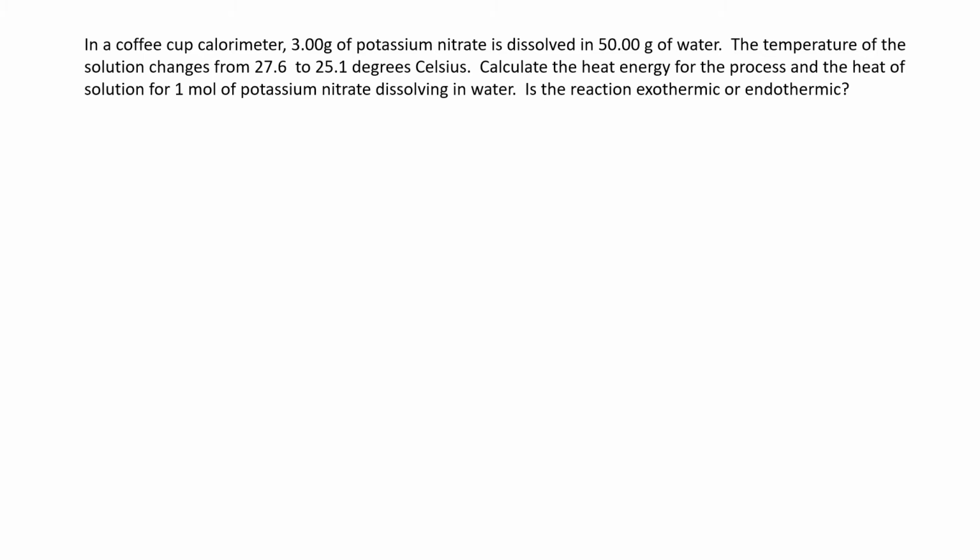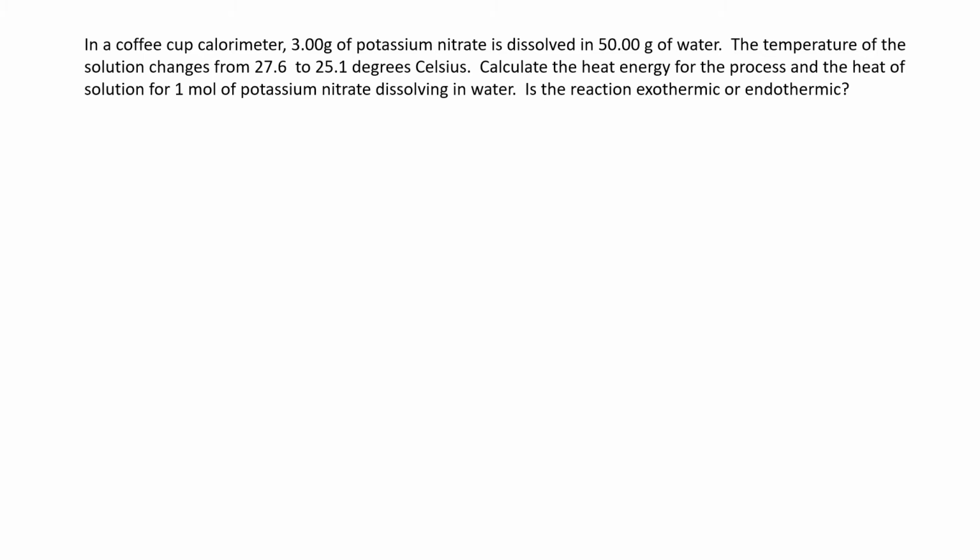Okay, we're going to do an example problem here. I'll read the problem. In a coffee cup calorimeter, 3.00 grams of potassium nitrate is dissolved in 50 grams of water. The temperature of the solution changes from 27.6 degrees to 25.1 degrees Celsius.